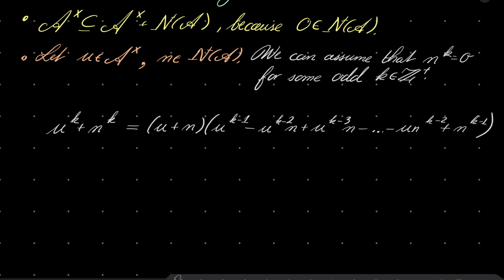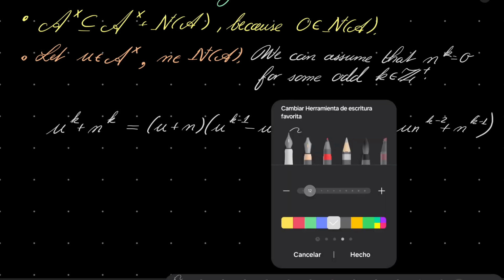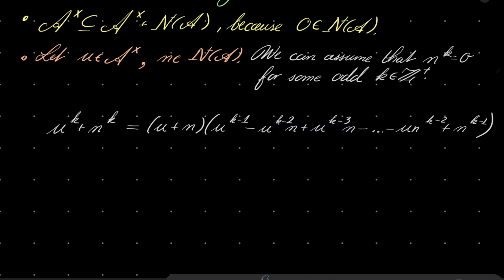And now let's see the following. What's happening? Well, notice that n to the power of k, we assume that it is 0. And since u is invertible, u to the power of k is also invertible.